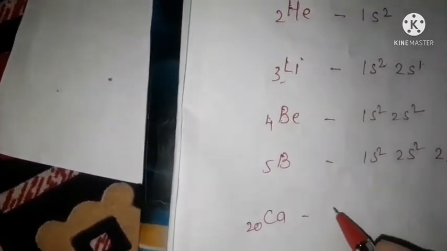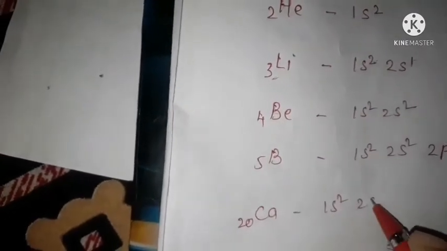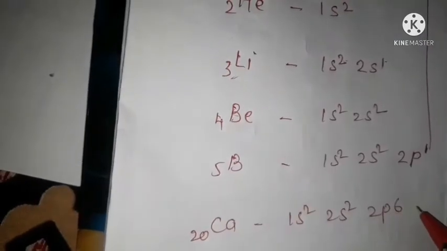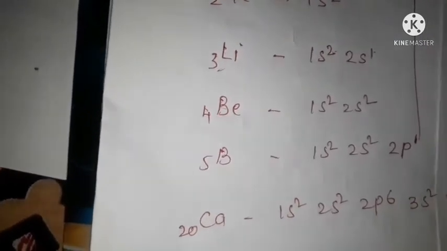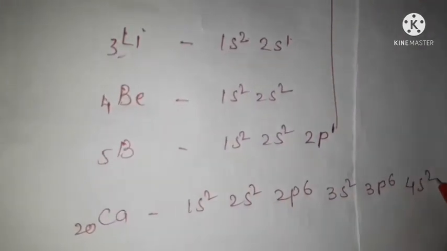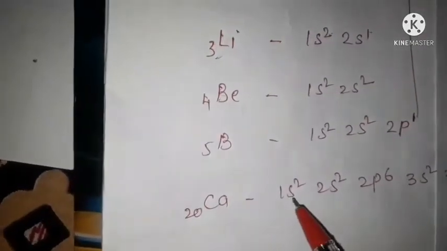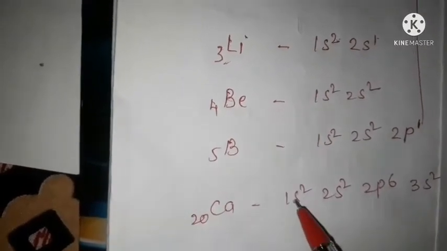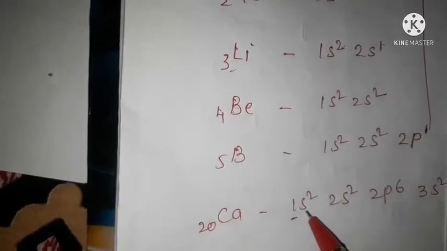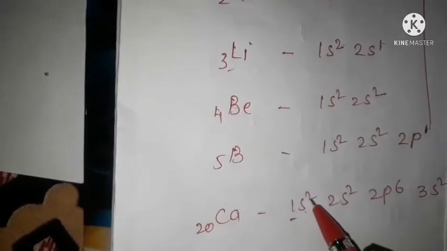Now, if we take the example of calcium, 20, we write 1s2, 2s2, 2p6, 3s2, 3p6, and 4s2. Now 1s2 means 1 represents the cell and S represents the subcell in which 2 electrons are included.